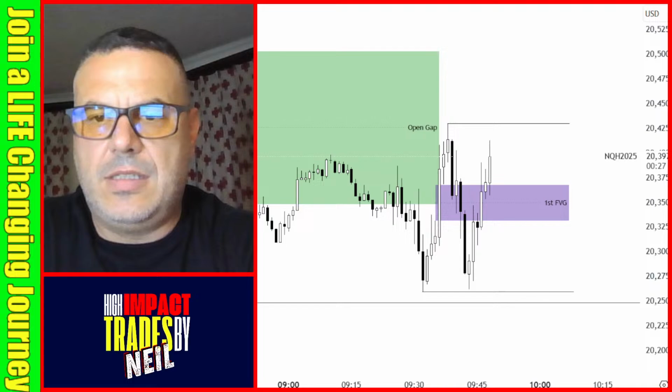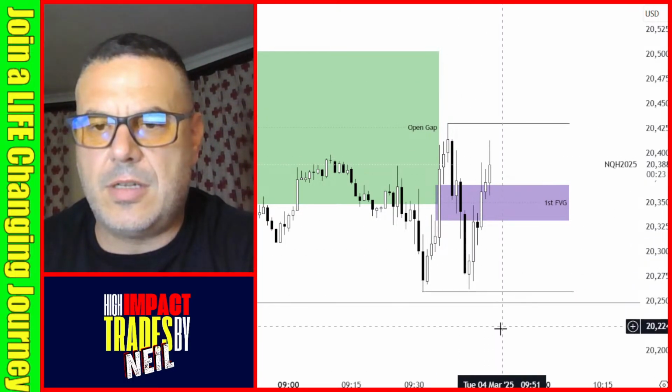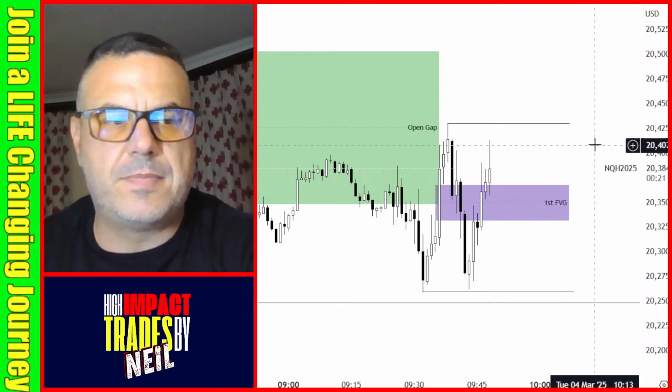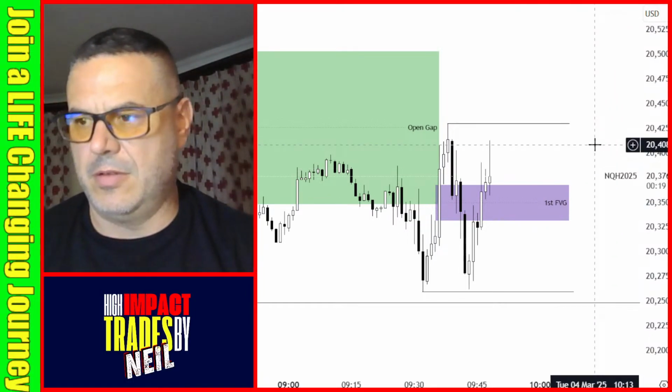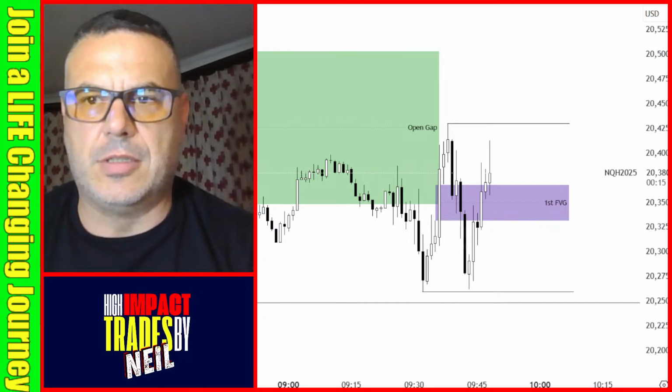So now we just need to see, maybe this thing is going to create equal highs here, equal lows here, and then try to run this, try there, and just, I don't know, consolidate for the rest of the day. We've seen that before as well.